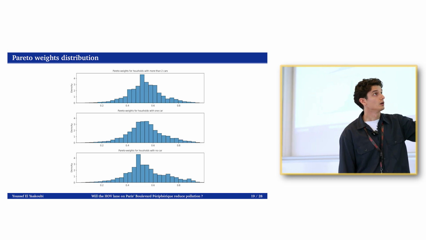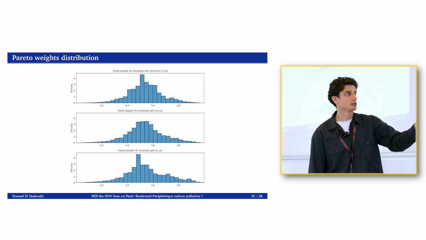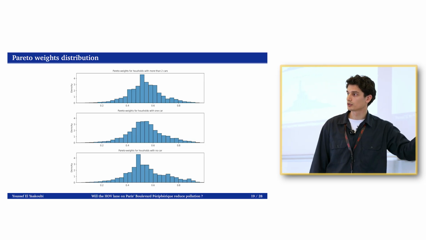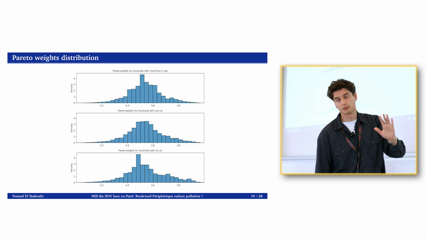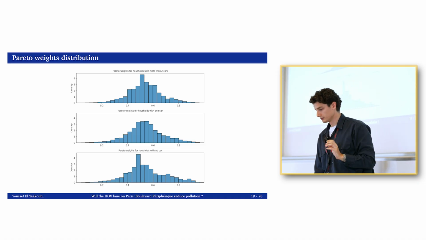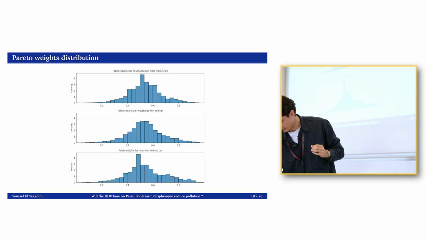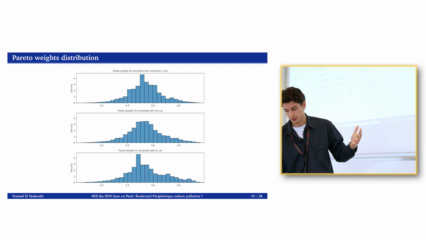We can see that when the couples have no car, the decision power is shifting a little bit towards the woman, and when they have 2 or more cars, it's shifting a little bit more to the men's side. Yeah, those are the results too.